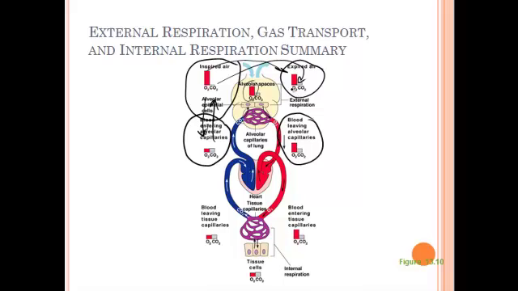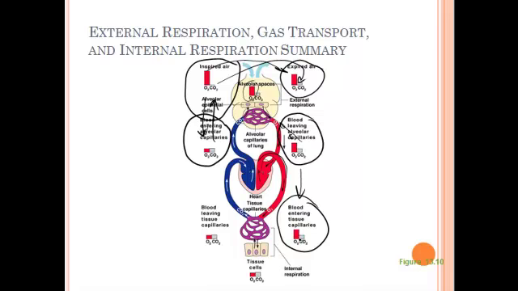Because that oxygen has moved into the blood, it's going to be traveling around the body, and the CO2 has moved into the lungs. So now this blood is going to go back to the heart, to the left ventricle. It's going to get pumped to all the body cells. The blood entering the tissue capillaries, notice, is basically the same as the blood that was leaving the alveolar capillaries.